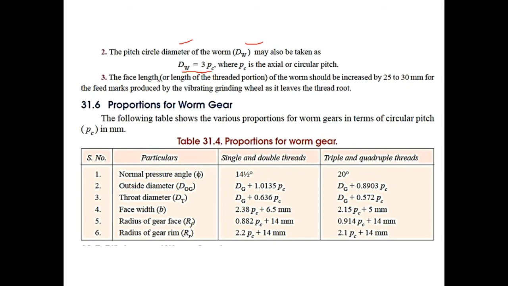The face length of the worm should be increased by 25 to 30 mm for the feed marks produced by the vibrating grinding wheel as it leaves the thread root.